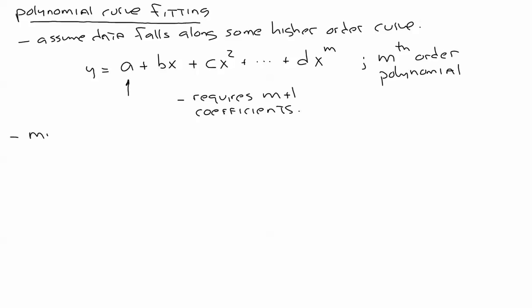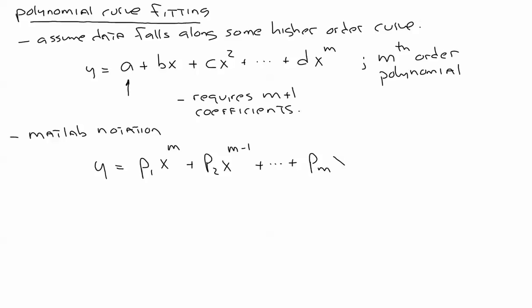In Matlab notation, the coefficients are ordered like this: y equals P1 x to the mth power plus P2 x raised to the m minus 1 power plus and so on, plus P sub m times x plus my constant value P sub m plus 1.